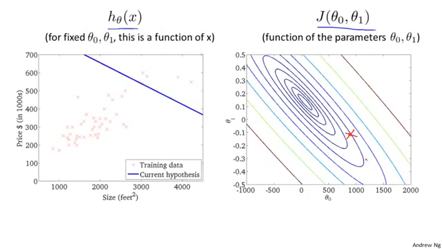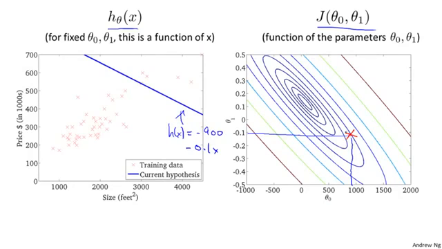Usually you initialize your parameters at 0, theta equals 0, but for illustration, in this particular implementation of gradient descent, I've initialized theta 0 at about 900 and theta 1 at about minus 800. And so this corresponds to h of x equals minus 900 minus 0.1x, so we're out here on the cost function.